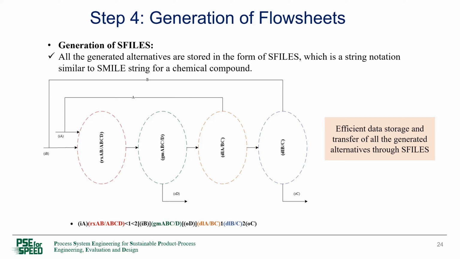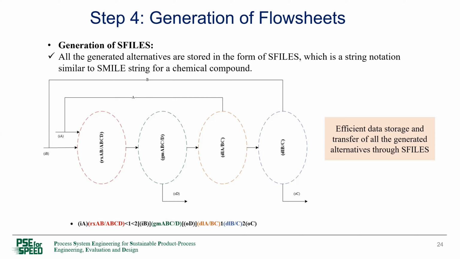And then the first separation is a gas membrane, which will remove D, and then distillation, which will remove A as a product, and then distillation, which will remove B and C. And then since every product, single compound has O, then this is a product. If it is A, it will recycle back. So that's the S file, and we have a program that from the S file will generate the flow sheet. Sorry, represent the flow sheet.